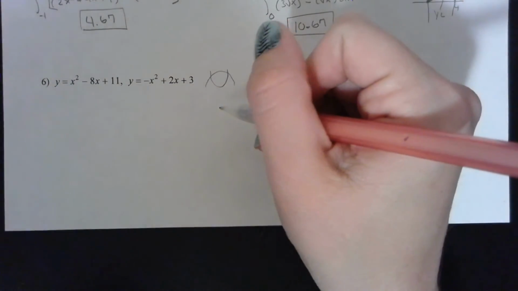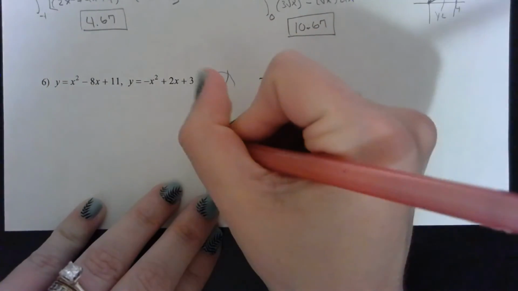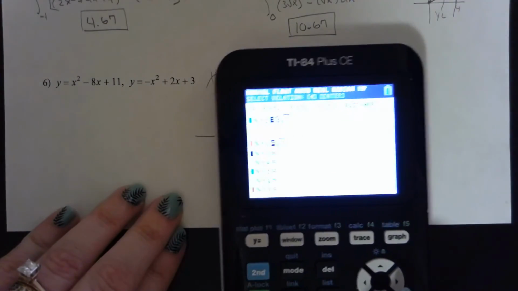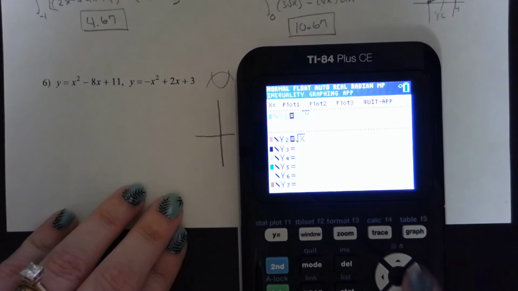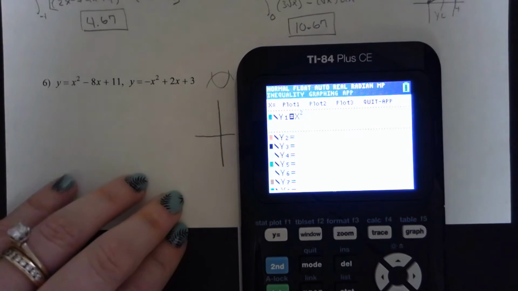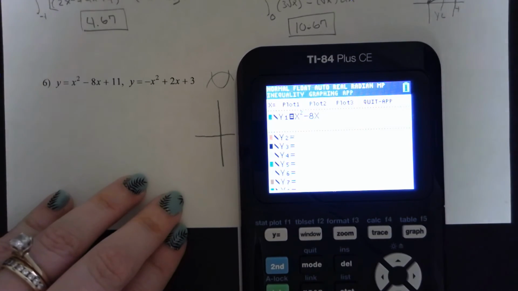So, sorry. I'm going to draw my graph. I'm going to go over to my calculator. I'm going to change my functions. So I've got x squared minus 8x plus 11, and I've got negative x squared plus 2x plus 3.